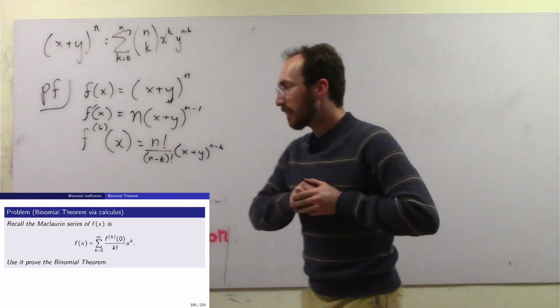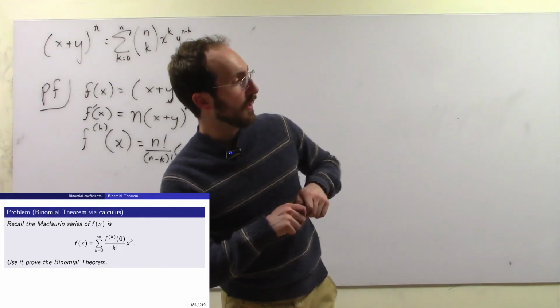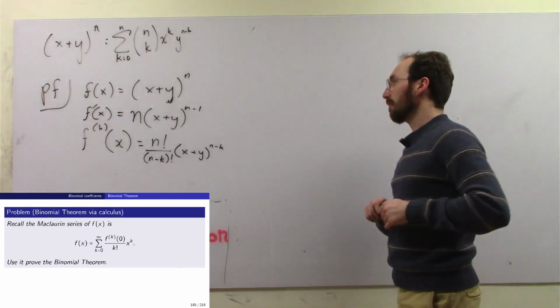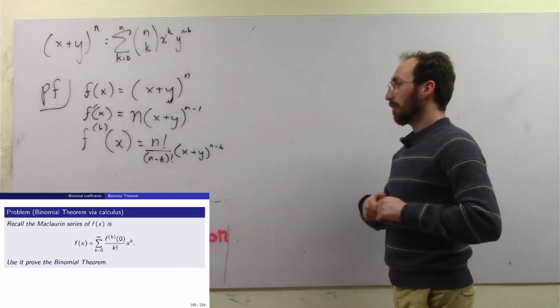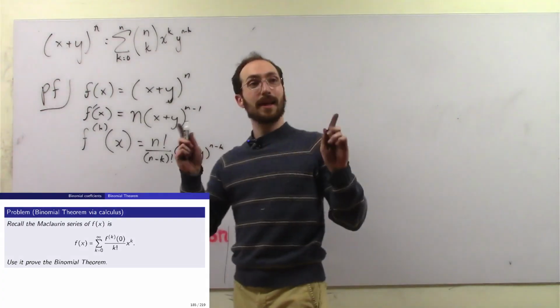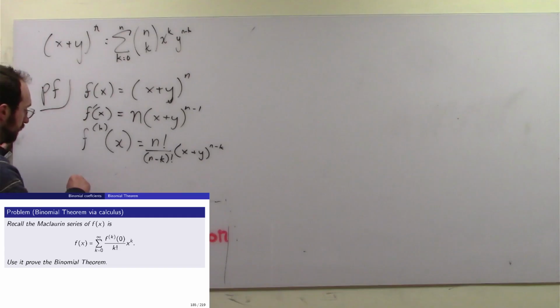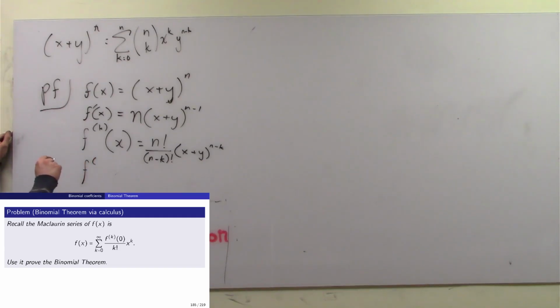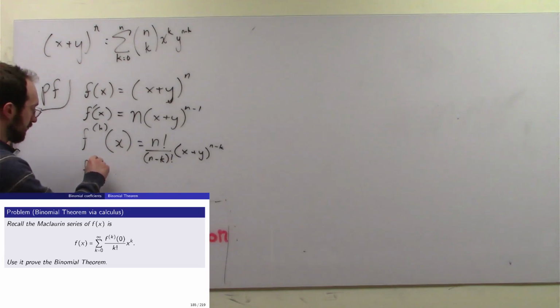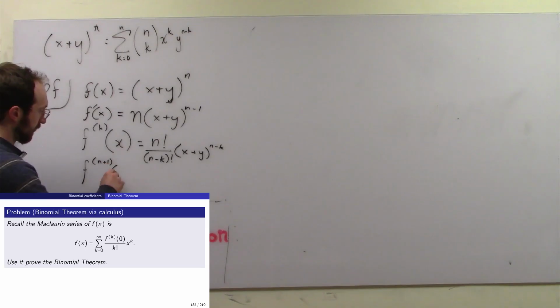The other thing we need to do is, well, it's an infinite sum, this Maclaurin series, but luckily, once we get to f of what? We take n plus 1 derivatives of x.